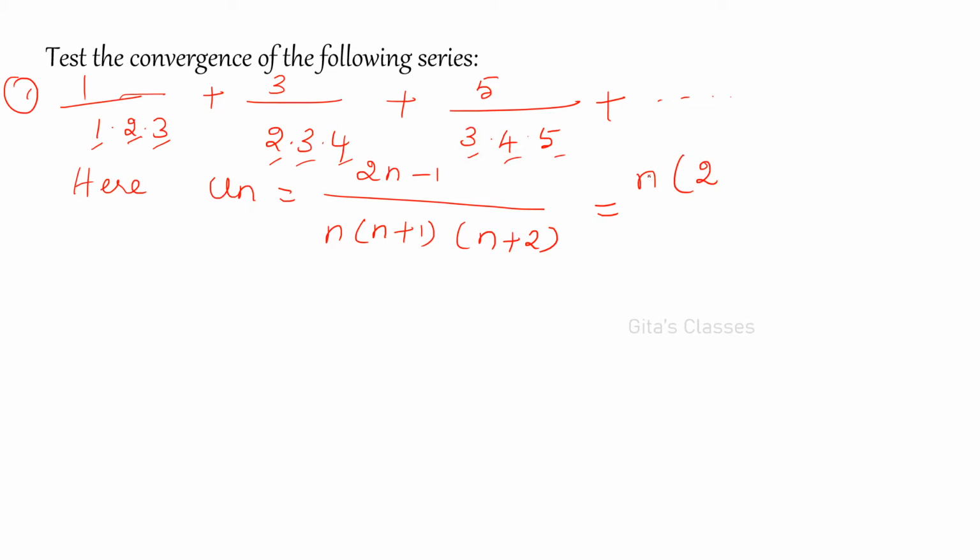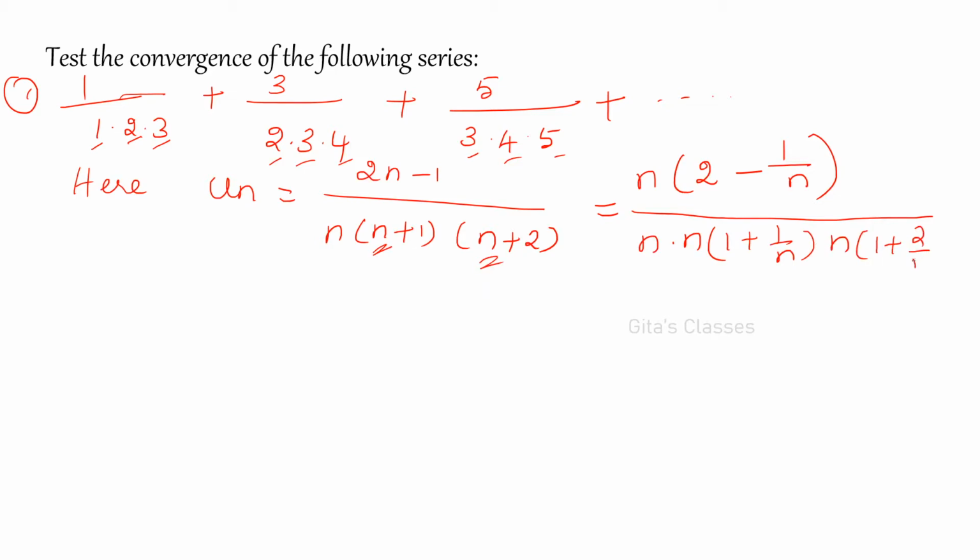From 2n I have taken n outside, so 2 minus 1 by n. Divided by n into 1 plus 1 by n, and one more n outside, so n into 1 plus 2 by n.